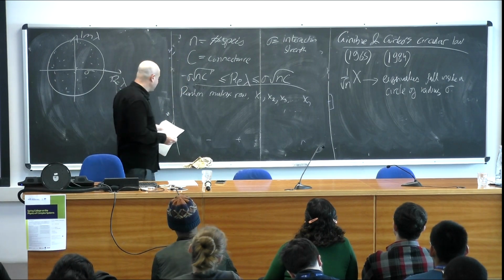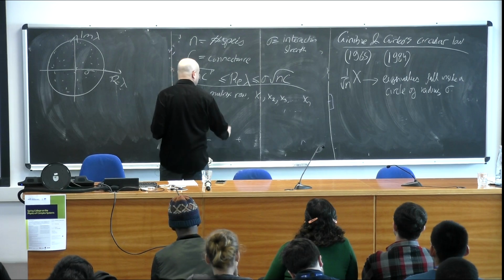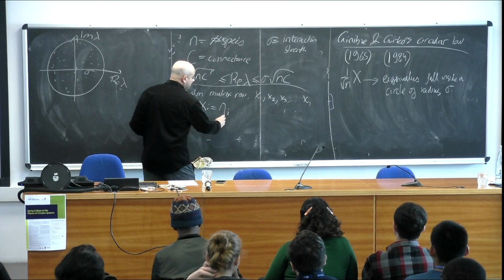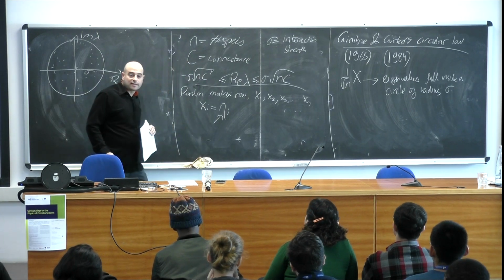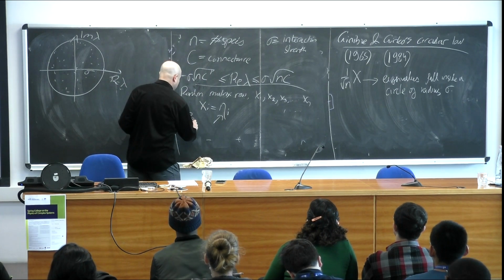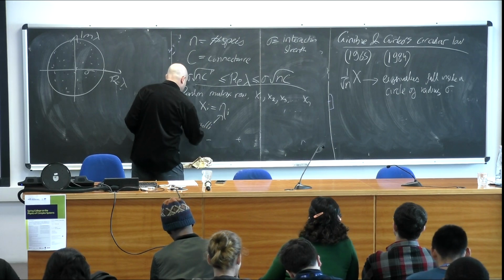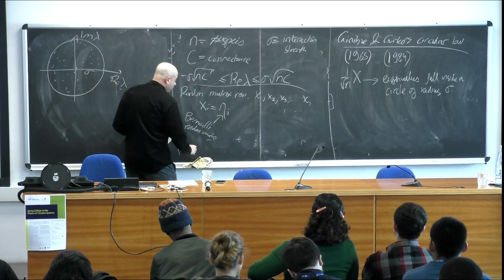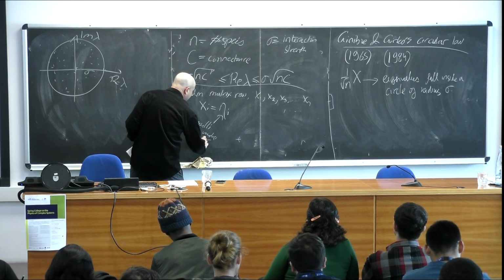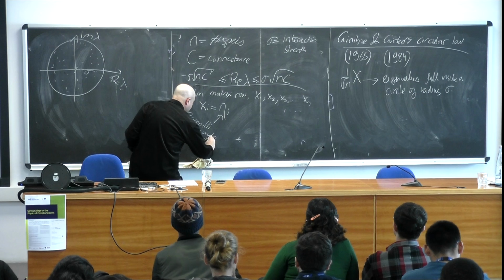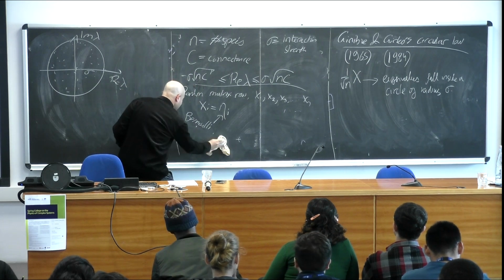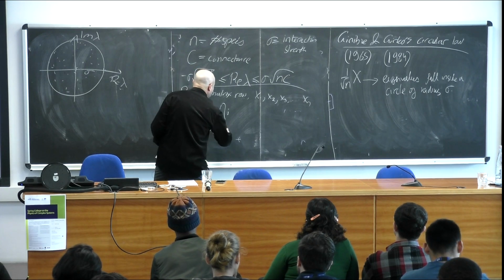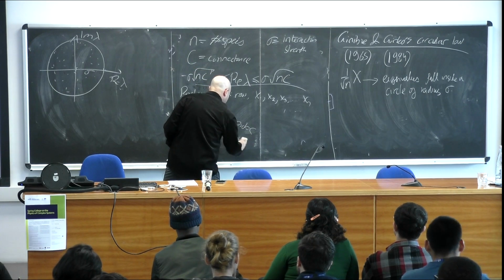Each xi is a product of eta i, where eta i is a Bernoulli random variable, equal to 1 with probability c.